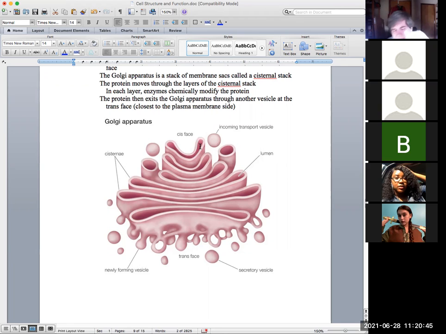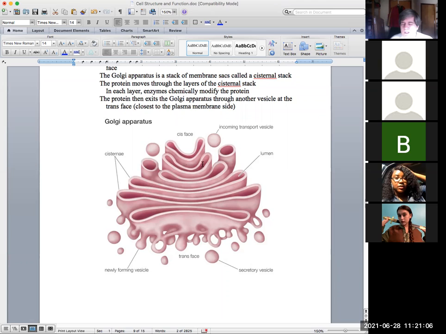You could think of it like an assembly line, where when they're building a car, one spot puts on the tires, one spot adjusts the steering wheel, another spot puts the doors on. Here, some of the enzymes add things to the molecule, some of the enzymes take things away.